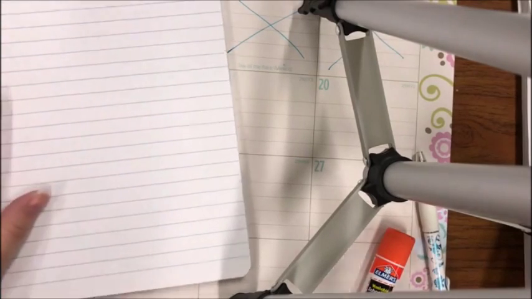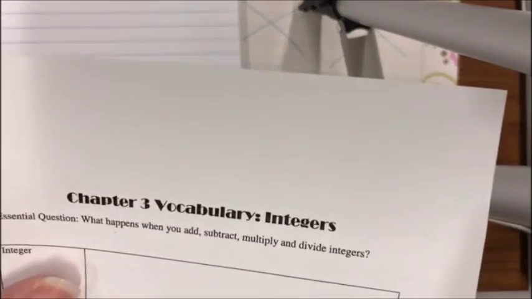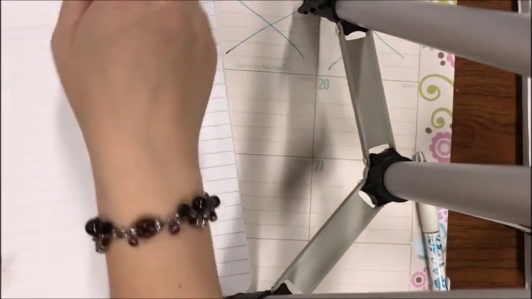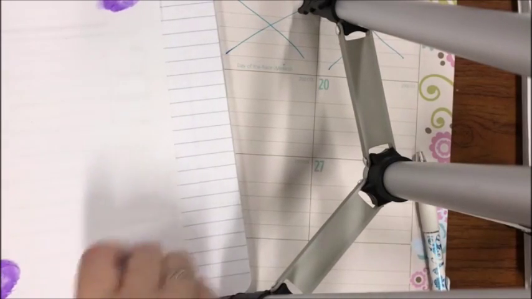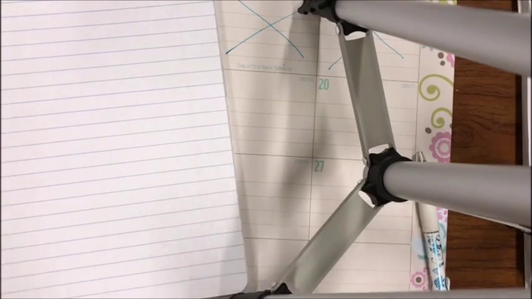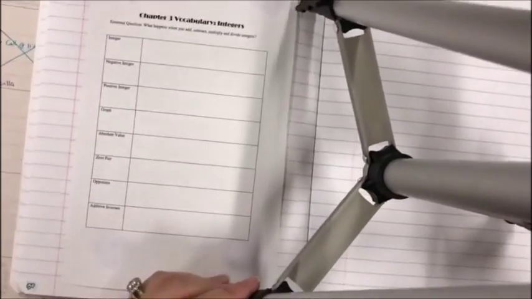Then on page 50, you're going to glue in the page that says Chapter 3 Vocabulary Integers at the top of the page. That goes on page 50.